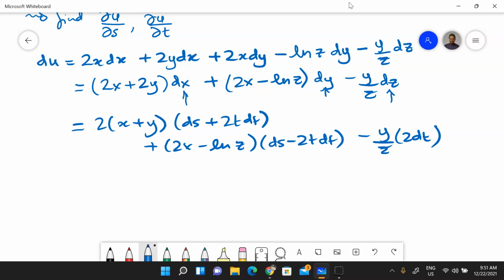And again, you can collect all the terms with respect to ds and collect all the terms with respect to dt. I'm just going to write down everything first.